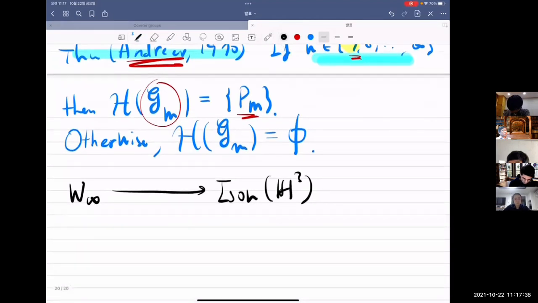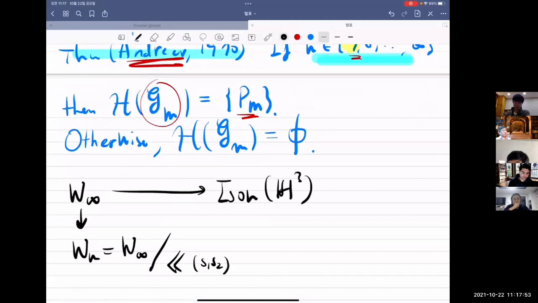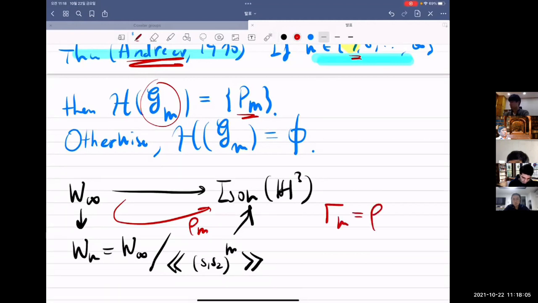And then W_m. So what is the relation between W_infinity and W_m? Simply, W_m is W_infinity quotiented by the least normal subgroup containing (s1 s2)^m. So we have this, this is rho_m, and then Gamma_m is rho_m of W_infinity.